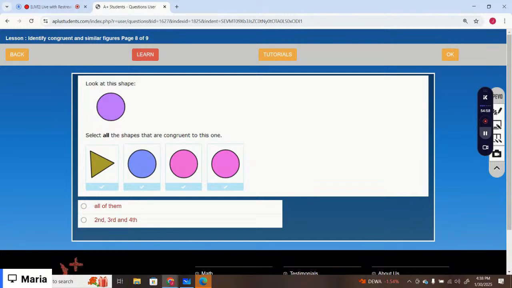Look at this shape. Select all the shapes that are congruent to this one. That is second, third, and fourth.